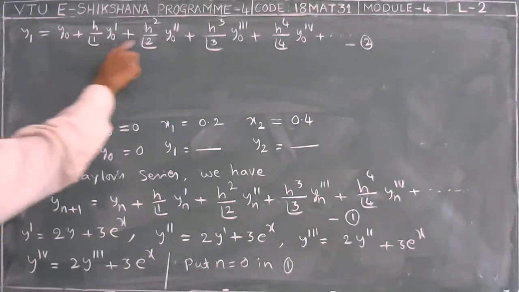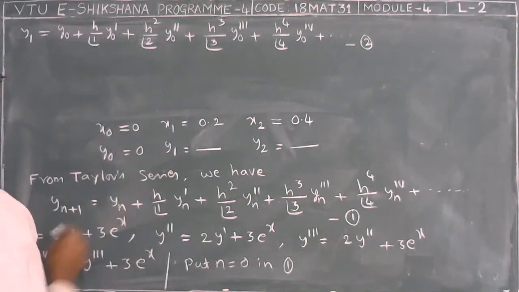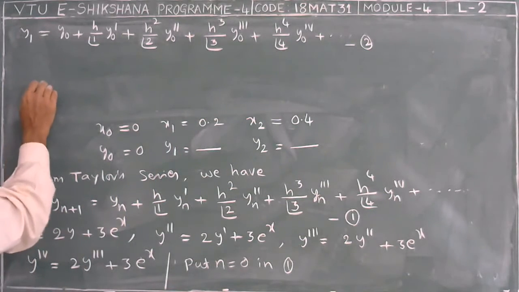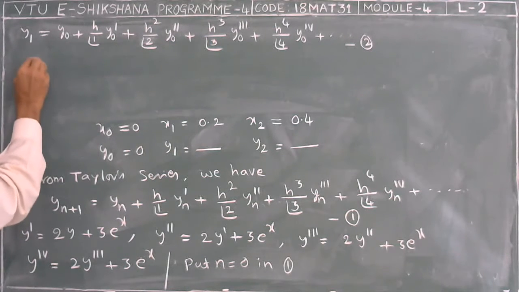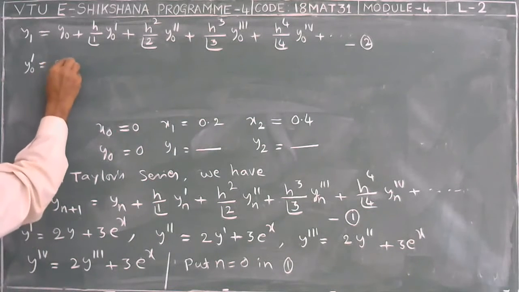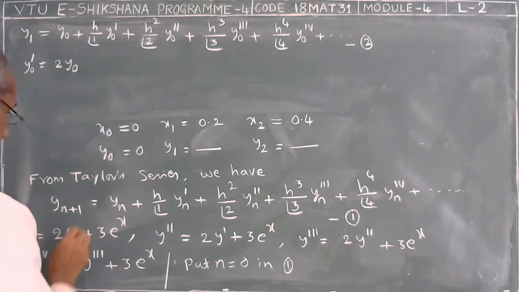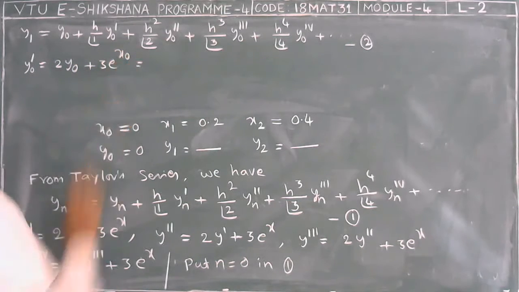Let us substitute for y naught dash, y naught double dash, triple dash and the fourth derivative of y at x equal to x naught. So y naught dash is 2y naught plus 3 into e power x naught.